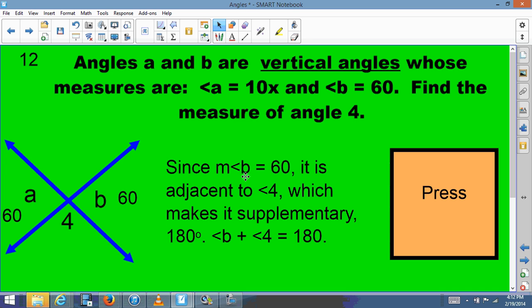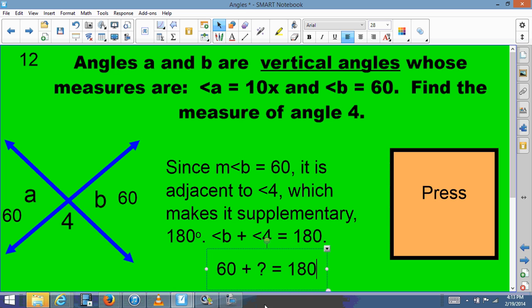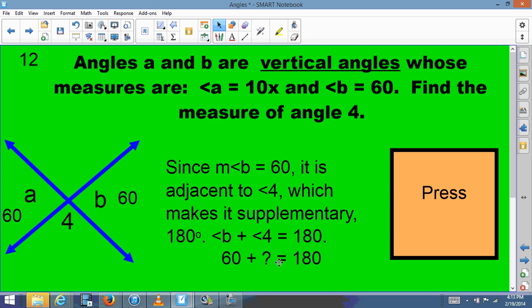So since the measure of angle B is 60, and it's adjacent to angle 4, which makes it supplementary, 180. So angle B plus angle 4 equals 180. Well, I know angle B was 60, so 60 plus what is equal to 180?